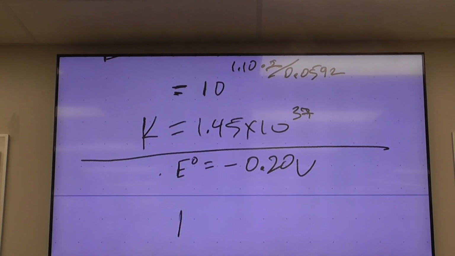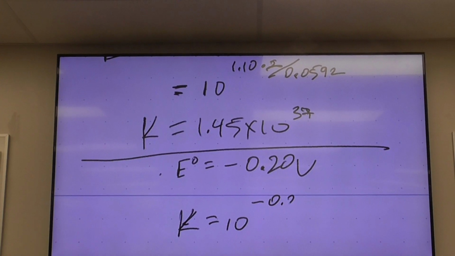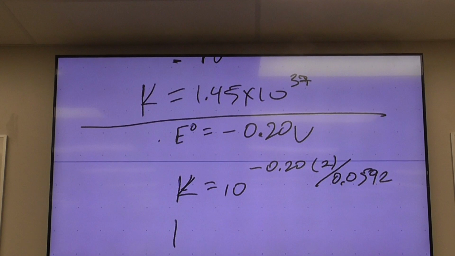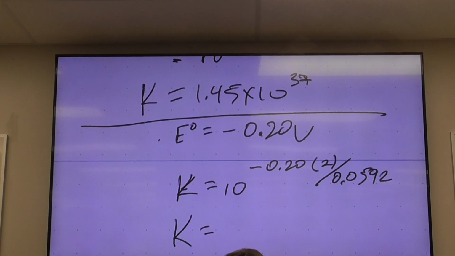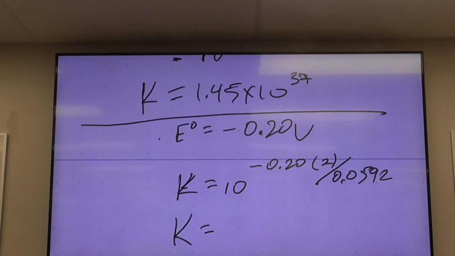Now when I do my K calculation, I'm going to have 10 to the negative 0.20 times n, keeping n as 2, divided by 0.0592. Before you do any math, is K going to be bigger than 1 or less than 1? Less. What do you get? 1.75 times 10 to the negative 7.